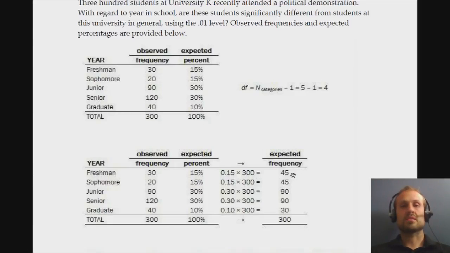So I would expect the breakdown using my percentages to be 45, 45, 90, 90, and 30 graduates. So what we're going to do is compare what we observe with what we expect to see and get a number to see if that differs significantly according to our predetermined significance level. We want to see how good my sample fits what I expect.